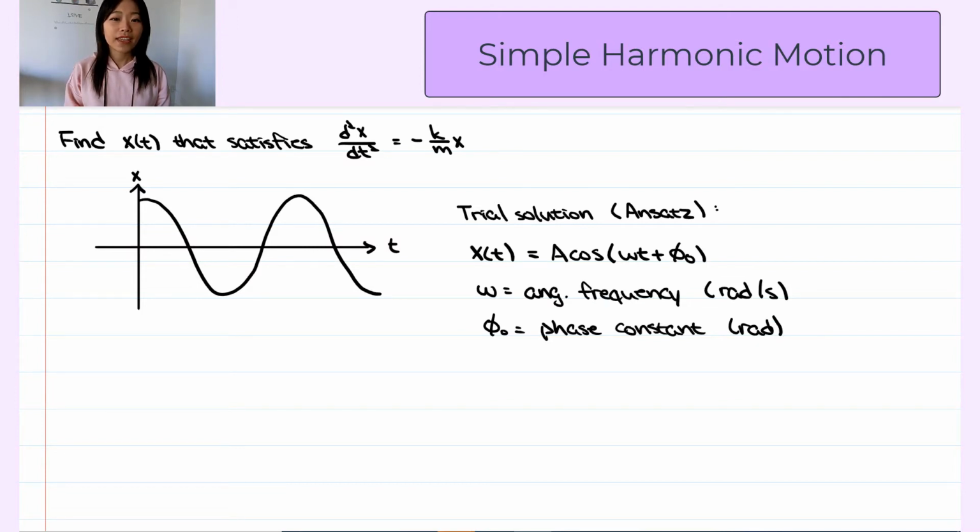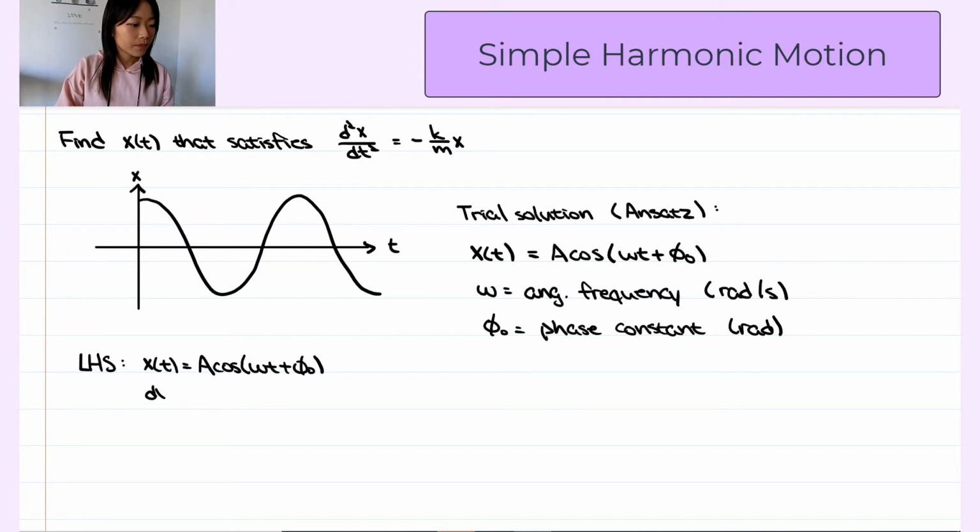So to verify that this is a solution to the differential equation, we need to calculate the left-hand side and right-hand side separately. And if this is a solution, then the left-hand side should equal the right-hand side. Let's start with the left-hand side, which is the second derivative of the displacement. We have the trial solution x equals A times cosine of omega t plus phi naught.